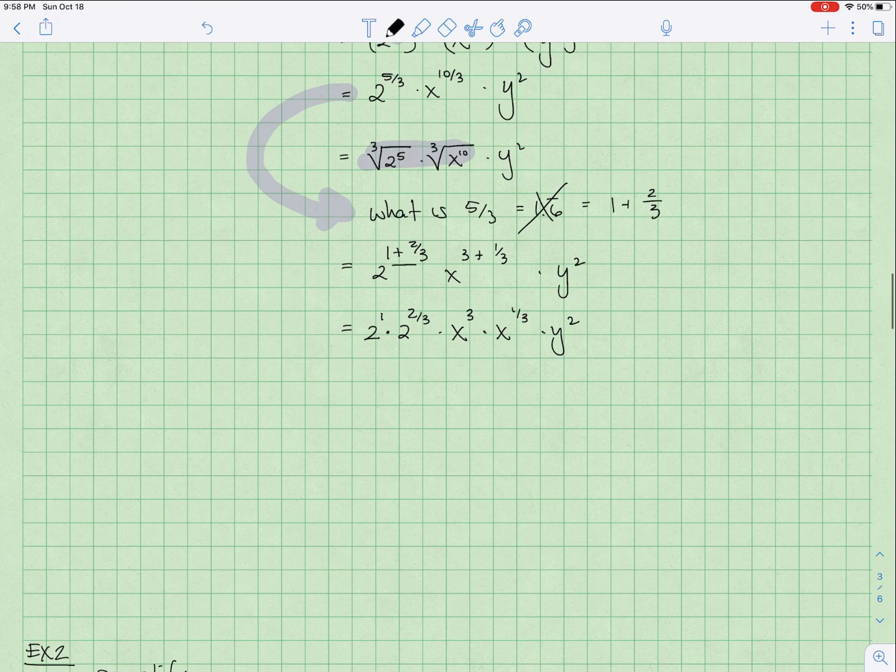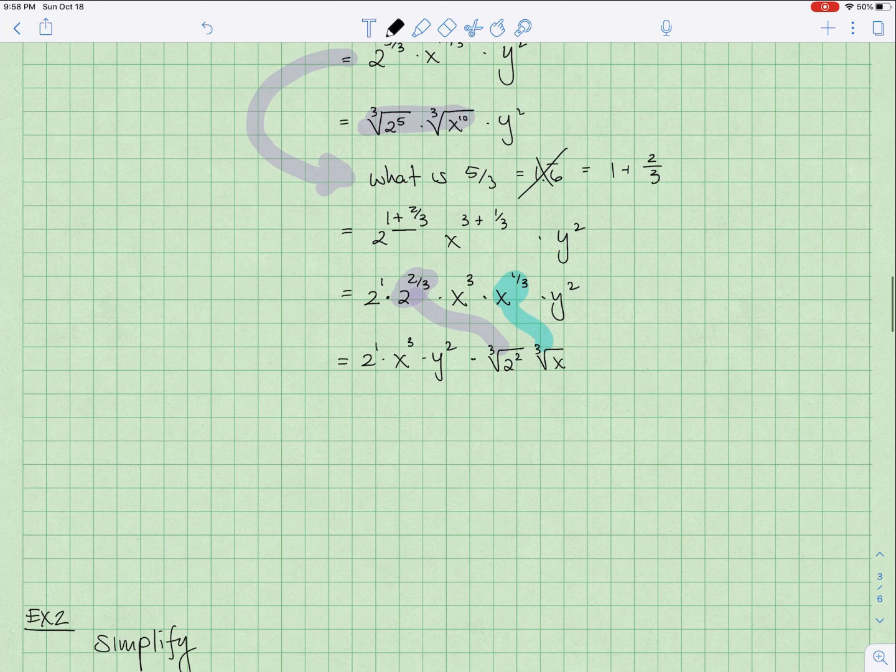And what I can do there is, first I'm going to bring all my whole powers out here. This is 2 to the 1st, x cubed, y squared, times, I'm going to rewrite 2 to the 2/3 as the cubed root of 2 squared. And I'm going to rewrite x to the 1/3 as the cubed root of x.